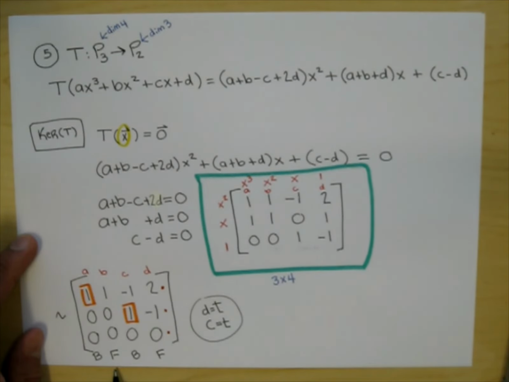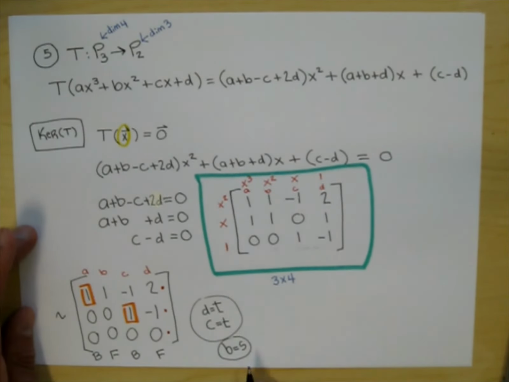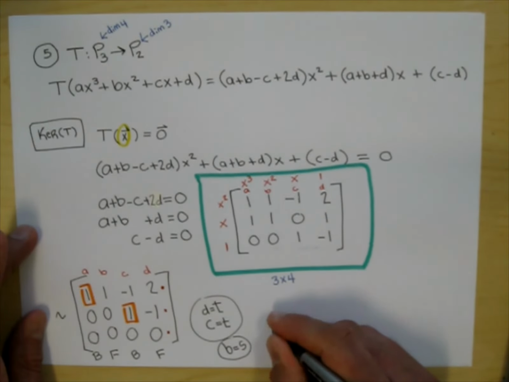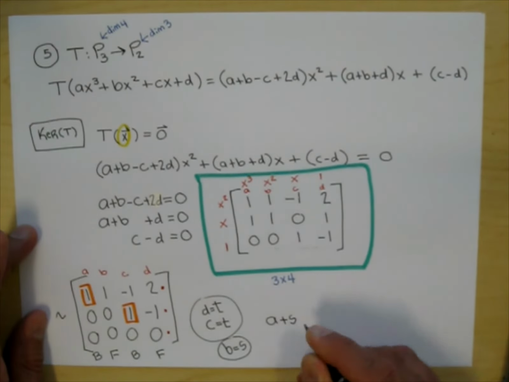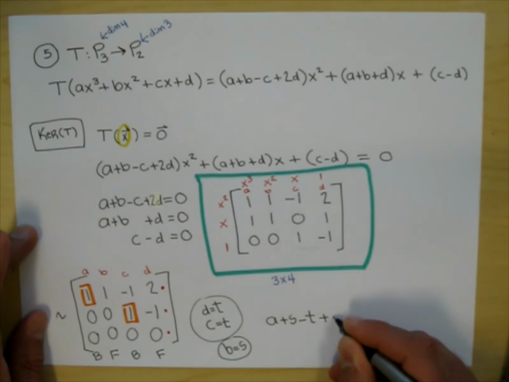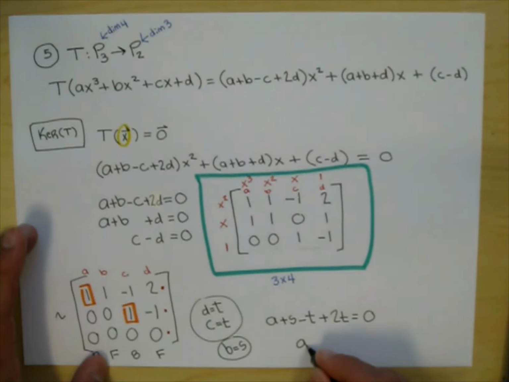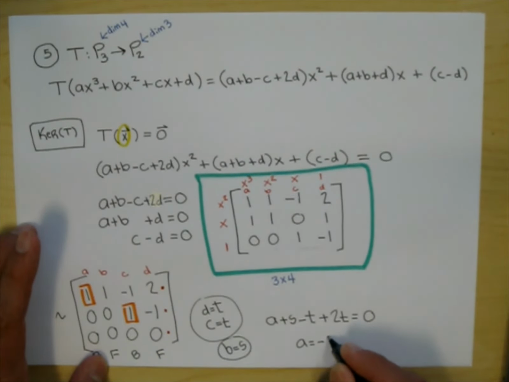And then B is free, so B equals S. And then the last thing that I'm going to say here, finding this, is A plus S, doing the first row, minus T plus 2T equals 0. So what does A equal? A would equal negative S minus T.